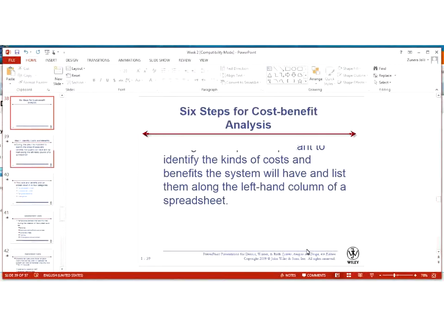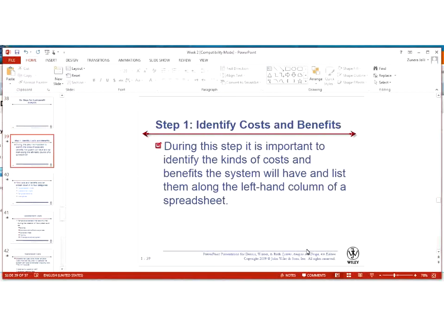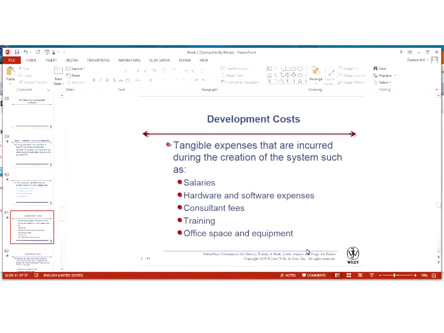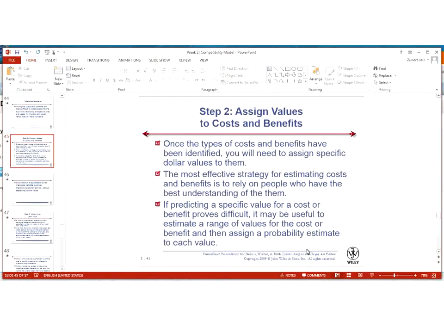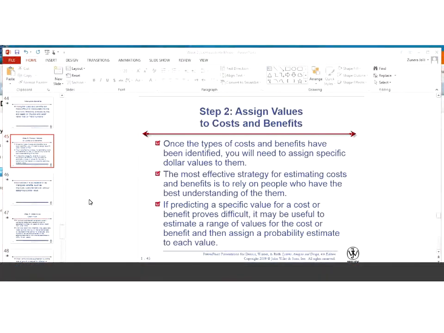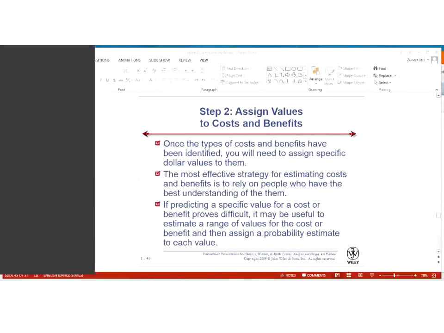Now step 2. Step 1 was identifying costs and benefits. So you identified all types of cost and benefits. Then you assign values to costs and benefits. Once the types of cost and benefits have been identified, you will need to assign a specific dollar value to them.